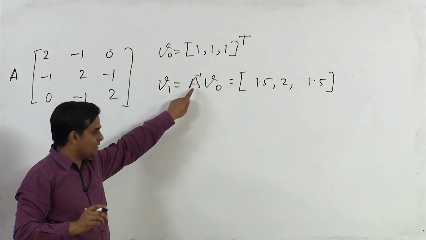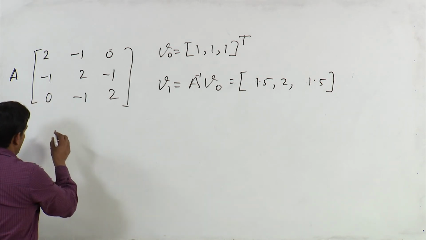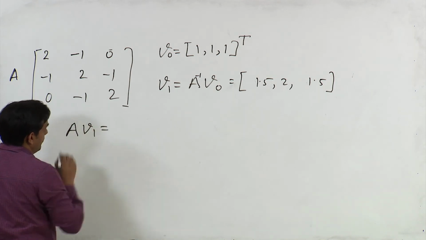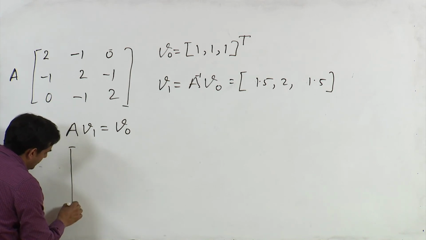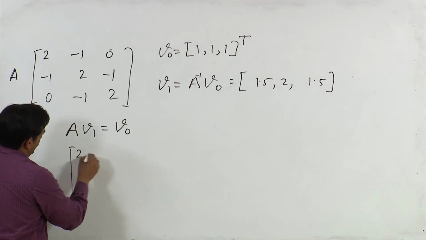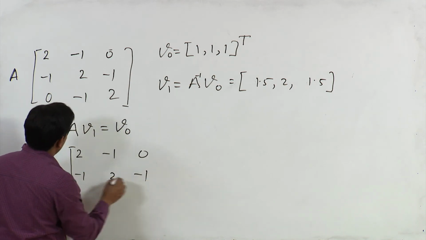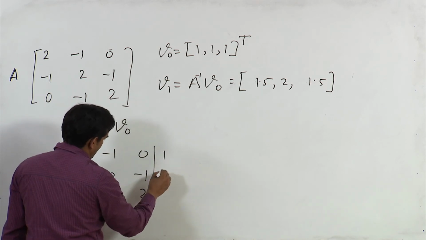So, doing this I need to calculate inverse of this matrix, but if I solve this system, A into V1 equals to V0, then my augmented matrix becomes 2 minus 1 0, minus 1 2 minus 1, 0 minus 1 2 and then 1 1 1.